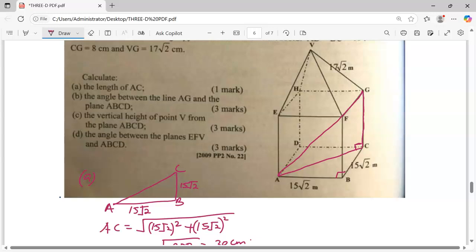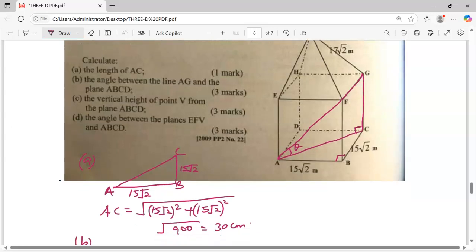So to find the angle between AG and the plane ABCD, we are going to look at the line of projection of AG on the plane ABCD, and that line is AC. Therefore, the angle we need is at point A.